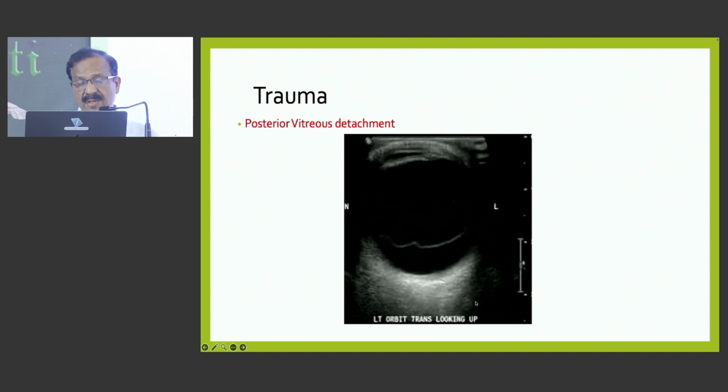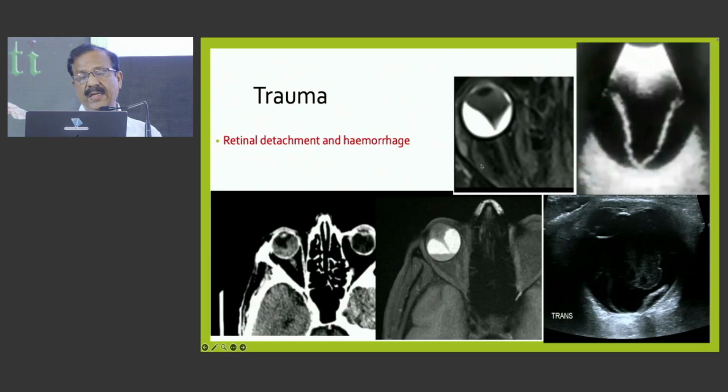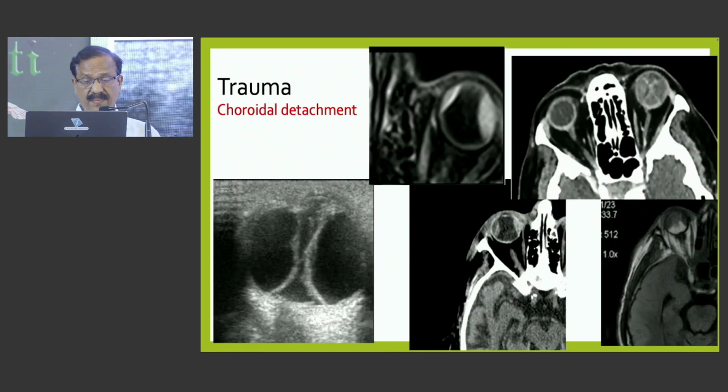Posterior vitreous detachment. Here the membrane is not attached to the optic disc, and it shows after movement. After movement means excursion of this membrane after stopping the movement of the globe. After movement can be seen in the retinal detachment also, but to a lesser extent only.